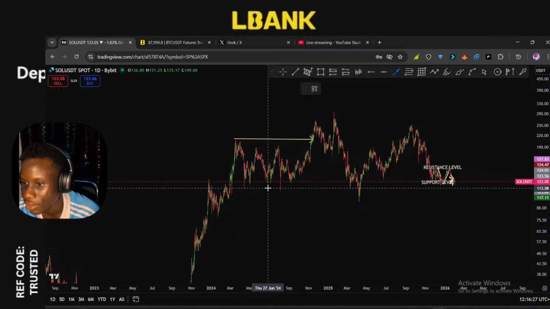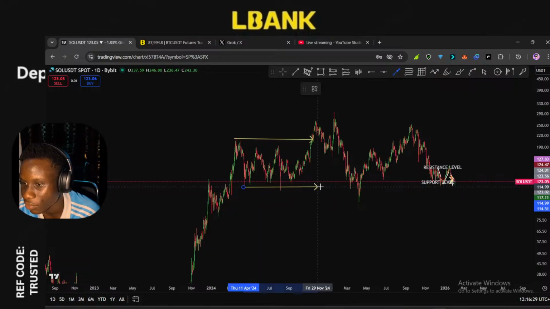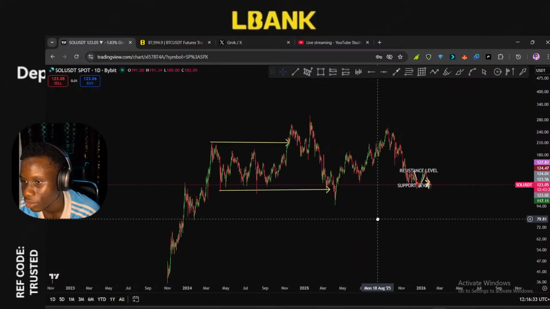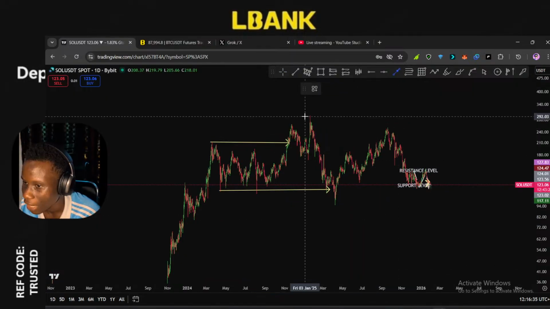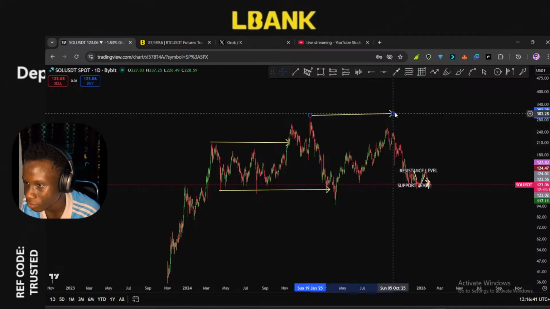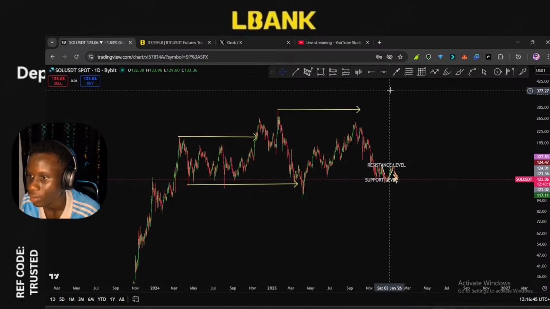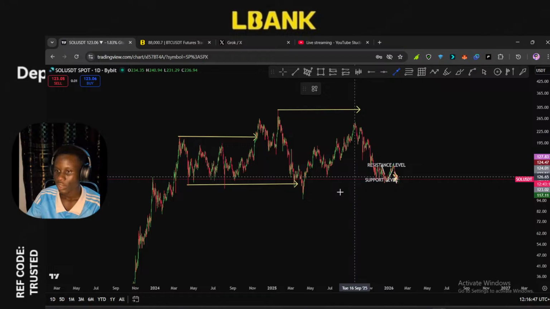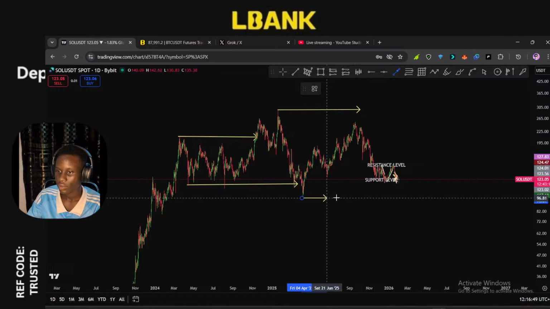We have this previous support level as well. We have this current resistance that has not been filled up. And as well, we have this support level.